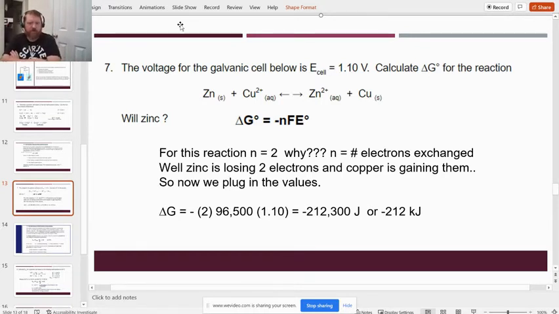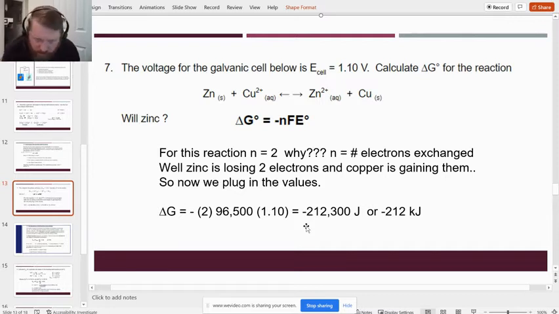Then we just plug in the other values, Faraday's constant, 96,500, and the voltage that was given right up here, 1.1 volts. We multiply them together. Don't forget there's a negative sign at the front, negative nFE, and negative 2 times all that stuff is negative 212 kilojoules.